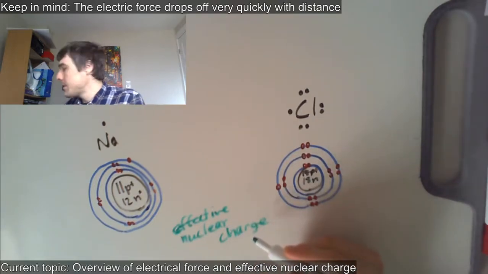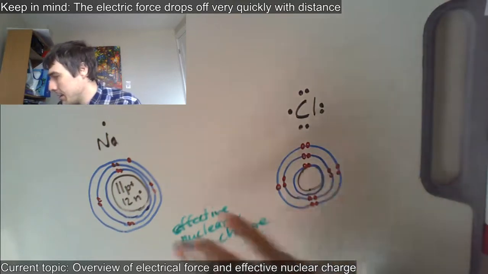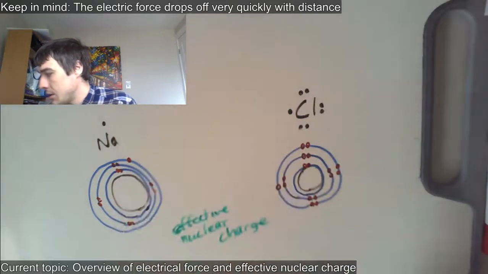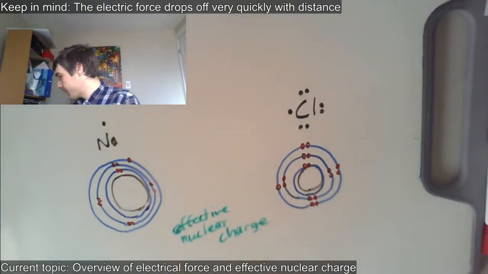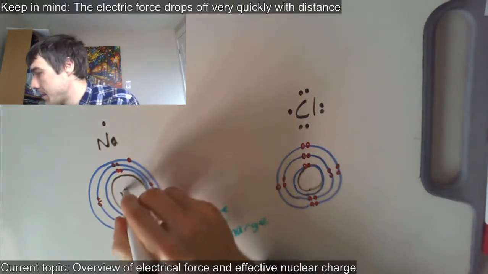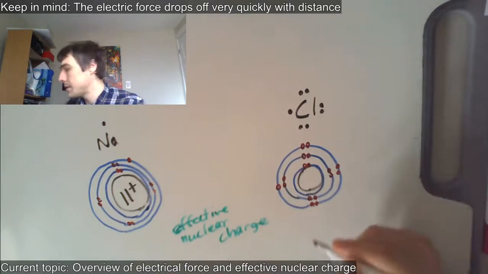So what we're going to do here is we're going to modify this nucleus, and I don't really care about the number of protons and the number of neutrons. I care about its charge. So, in terms of charge, sodium has 11 protons. So that charge is just 11. 11 positives in the center.